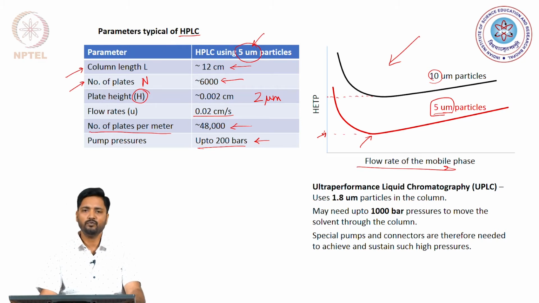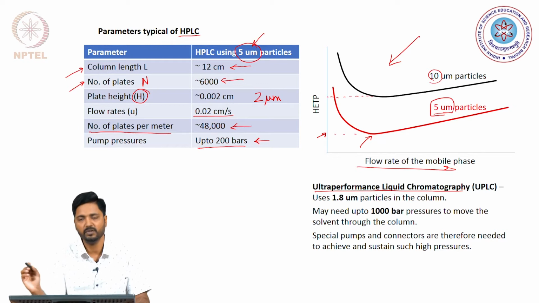A sort of extreme to this is what is known as ultra performance liquid chromatography, and this is now picking up quite rapidly, and it is abbreviated as UPLC.